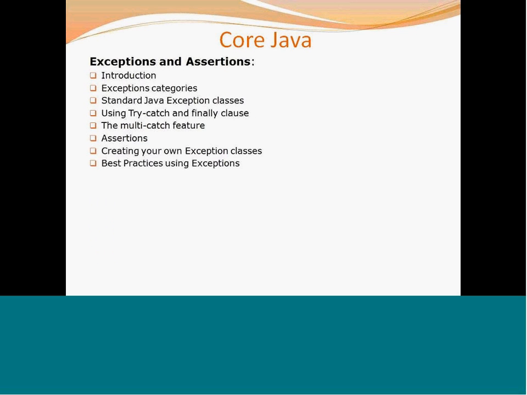And then we have another topic called exceptions and assertions. It is a core Java part. In C, there are no such exceptions. If something you have written is not correct, it will give you an exception.